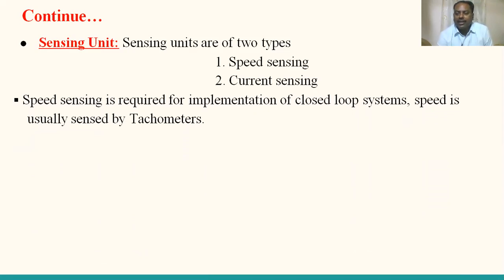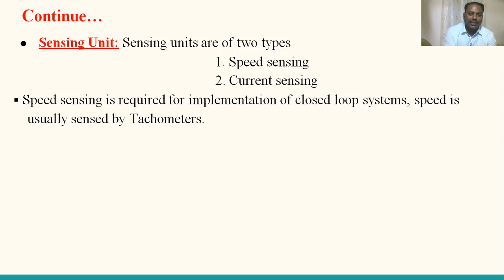In our laboratory, a number of tachometers are available, and those are of two types: contacted type and contactless type. Contacted means it has a rotating rotor that is coupled with the motor shaft, so that it records the speed in terms of RPM. Contactless is sensor based.